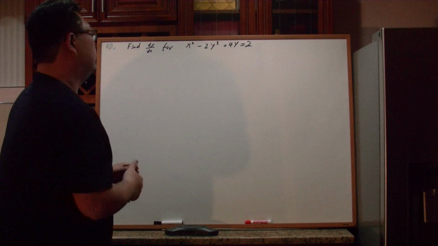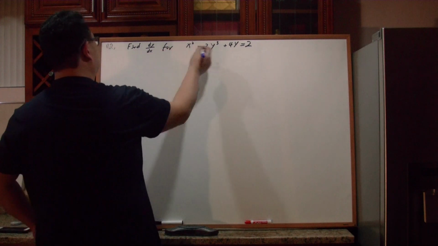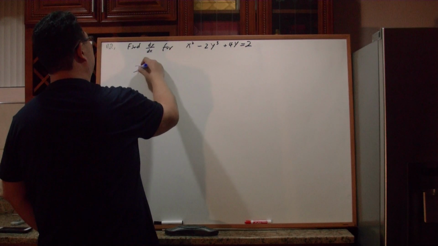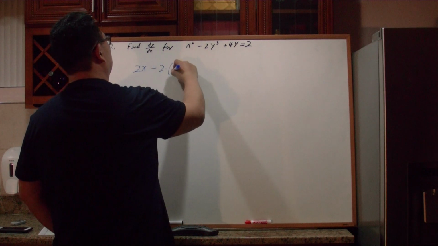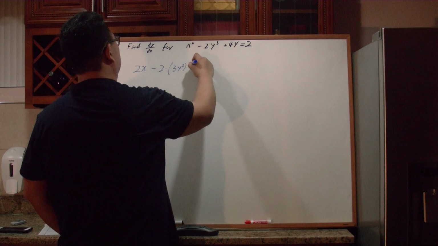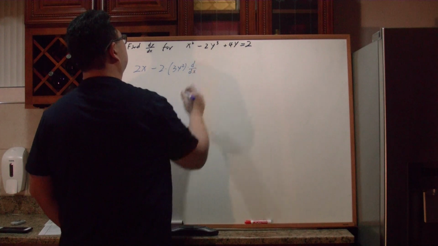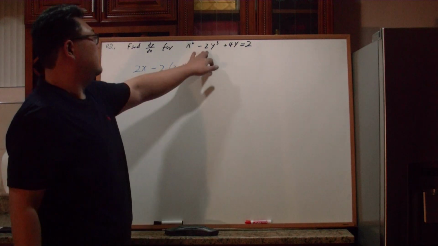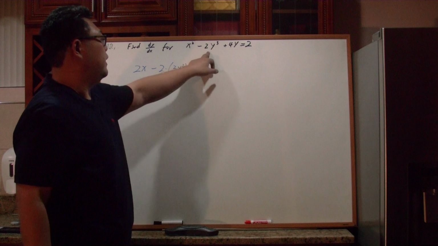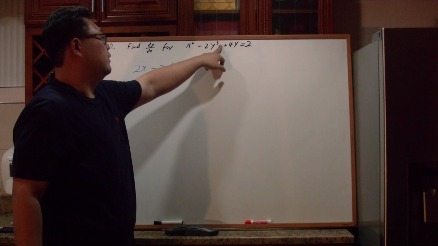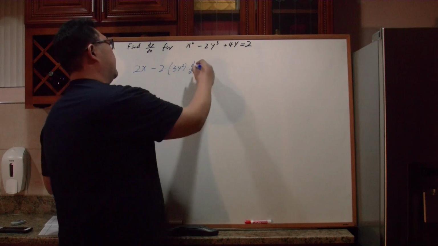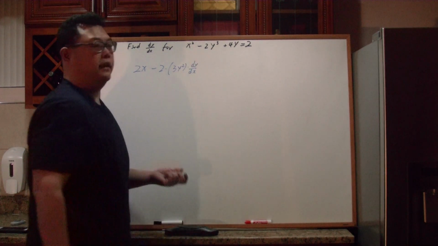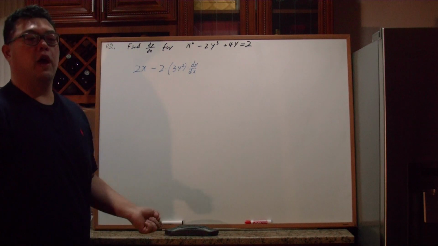Applying the derivative, we have 2x minus 2 times 3y squared dy over dx, because negative 2 is the coefficient. We have y to the third, so we apply the power rule, that's 3y squared, multiplied by dy over dx, since that is an expression of y.